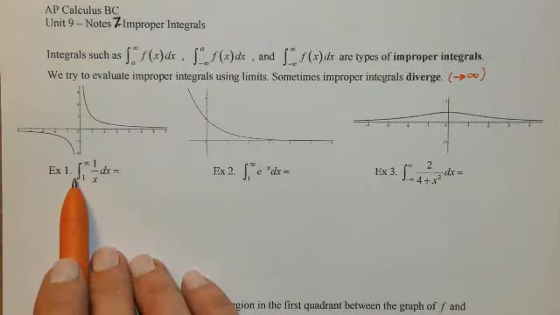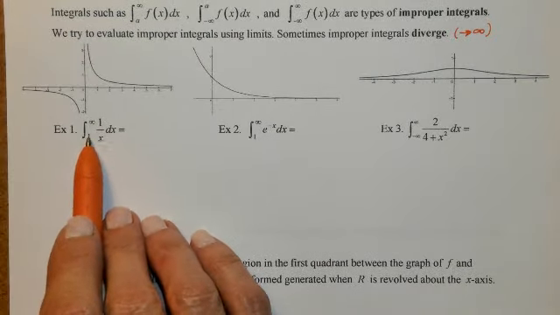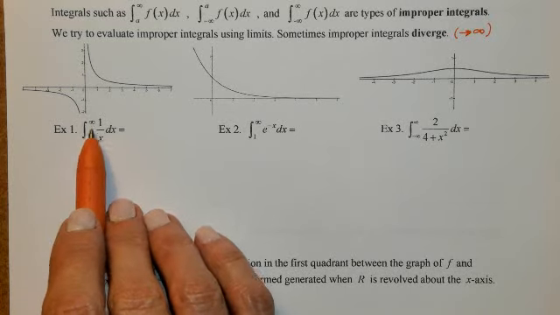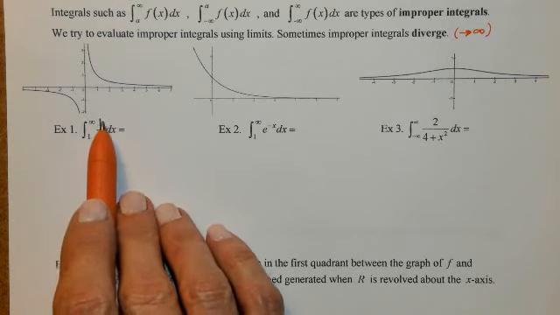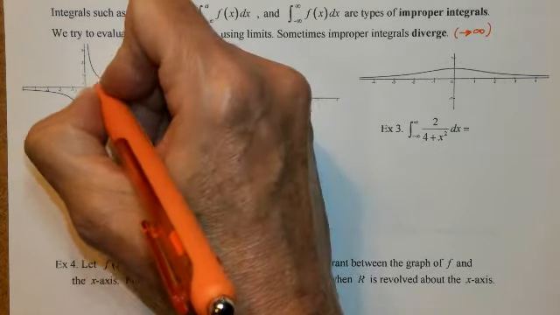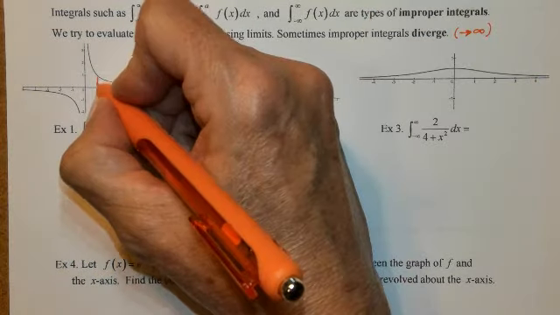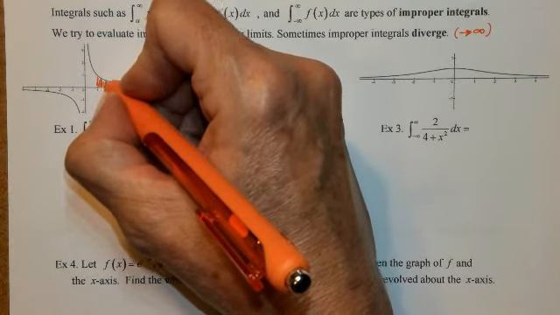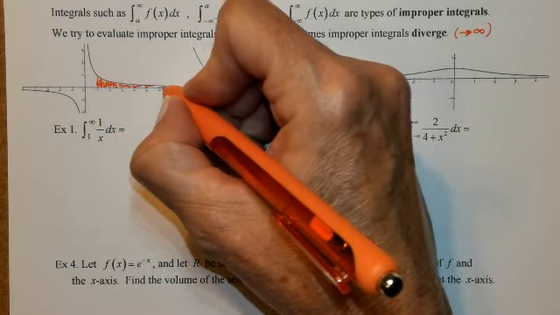So in example 1 here, this integral from 1 to infinity represents the area under the curve 1 over x, from x equals 1 to x equals infinity. I have the graph there for you. So there's x equals 1. So it's this area right here.